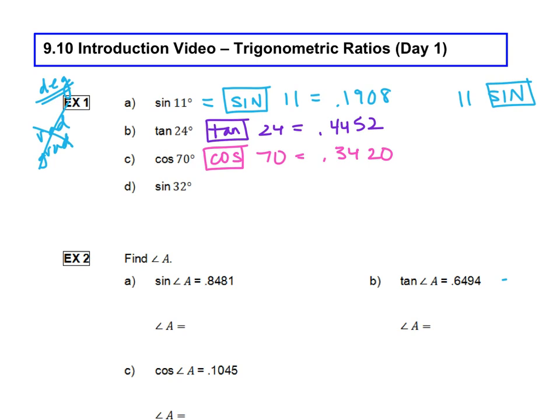And then again, we have our sine of 32, so find your sine button, hit 32, rounding to 4 decimal places, 0.5299.